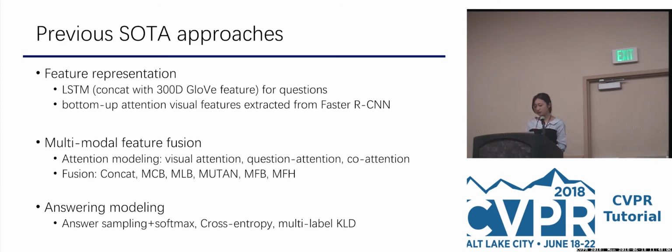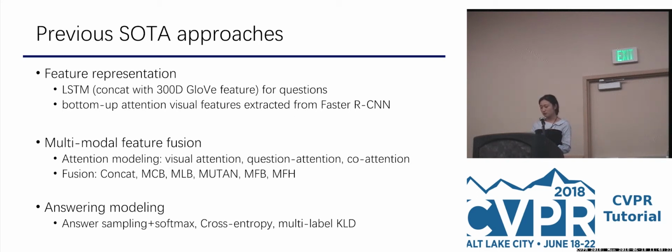In previous state-of-the-art approaches, there are some commonly used implementations for the three key components of the framework. For feature representation, LSTM is usually used to represent questions, and concatenating with a 300-dimensional GloVe feature is an effective enhancement. Bottom-up attention visual features is also widely adopted.